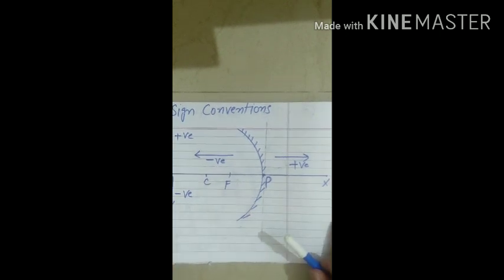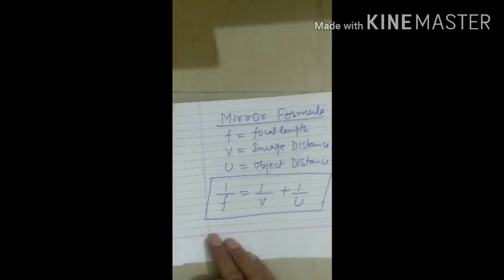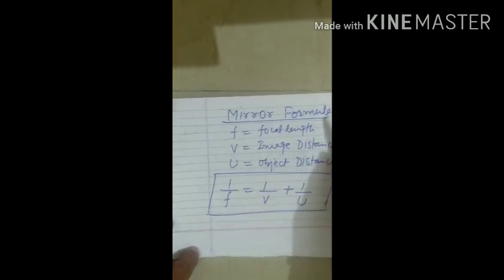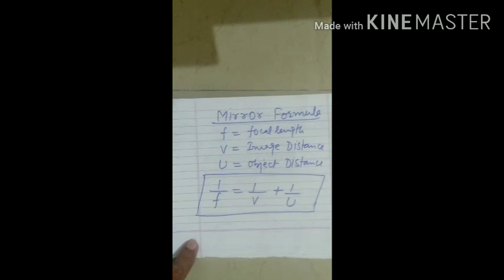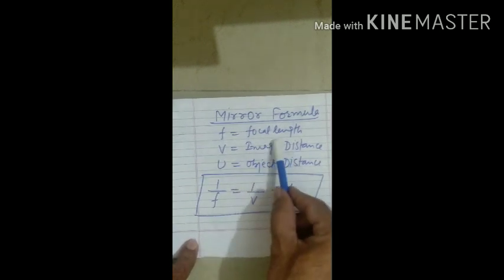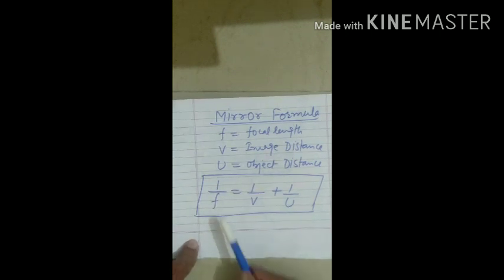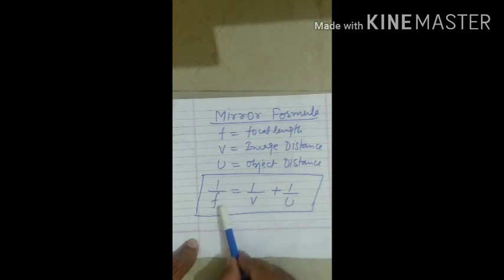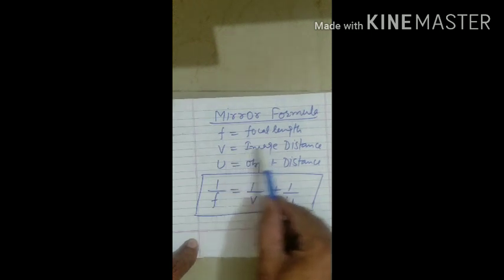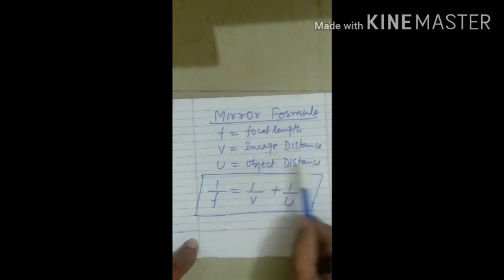And to understand the other thing, the mirror formula. The mirror formula is a formula which relates the focal length, image distance and object distance. The relation is 1 upon f is equal to 1 upon v plus 1 upon u. Now v is image distance, u is object distance, f is focal length of the spherical mirror.